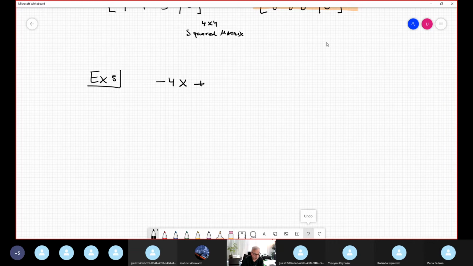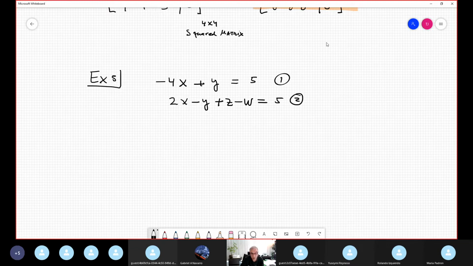Yeah, right, negative 4x plus y equal 5. This is my first equation. My second equation is 2x minus y plus z minus w equal 5. Again 5. Equation 2.